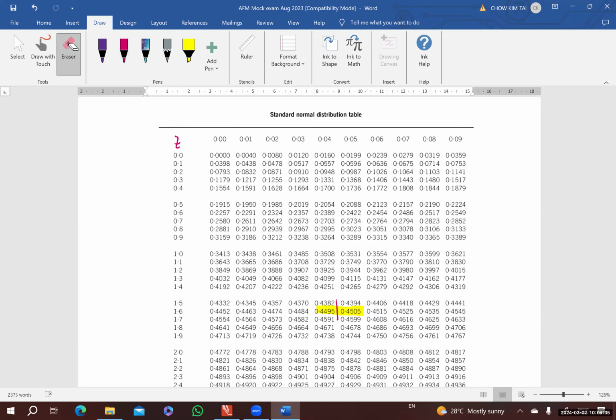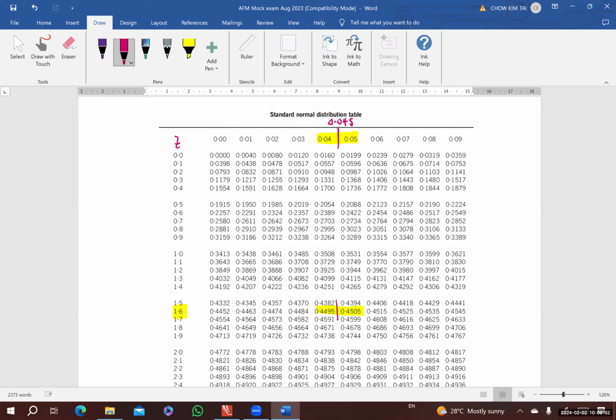This is the second decimal. You see this is 1.6, and then 0.004, 0.005. The center of this is 0.045. So the z-score at 95% confidence level is 1.645.